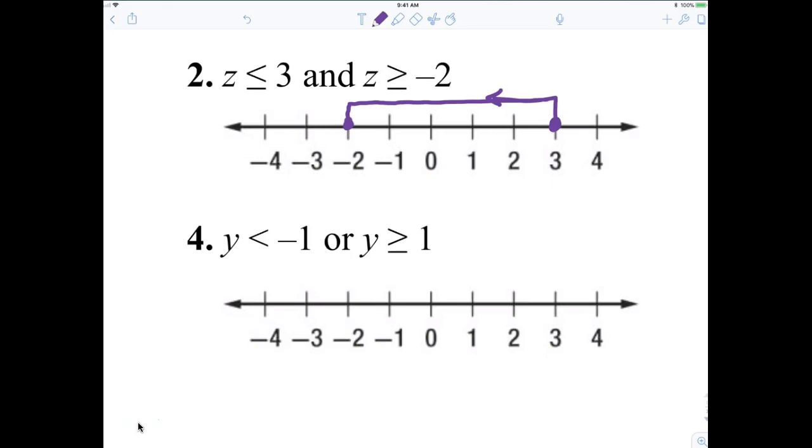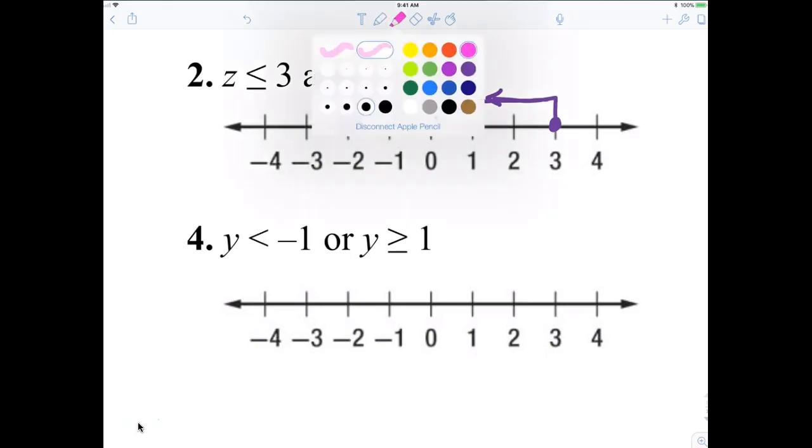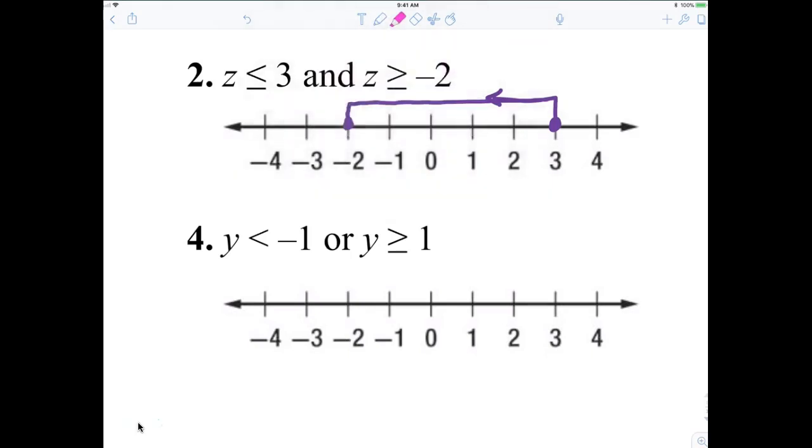This is an and statement. All right? Because it's an and statement, that means it has to be true for both statements. What numbers are less than 3 and greater than -2? Everything in between. Everything in between.